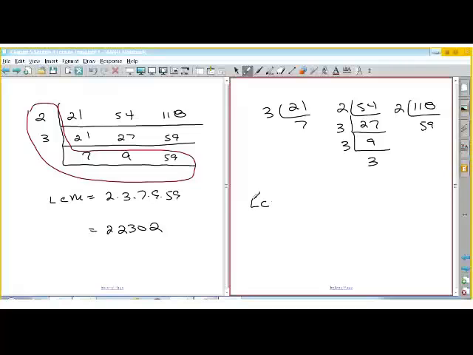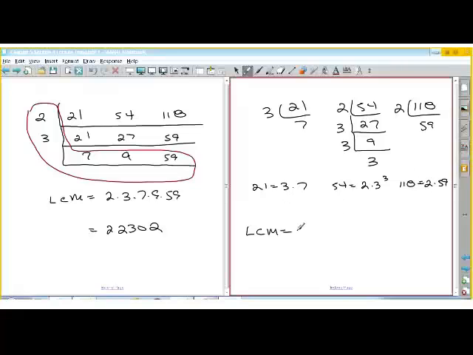So those are the prime factorizations of the 3 numbers. I've actually got to do the prime factorizations here. So 21 is equal to 3 times 7. 54 is equal to 2 times 3 cubed. And 118 is equal to 2 times 59.